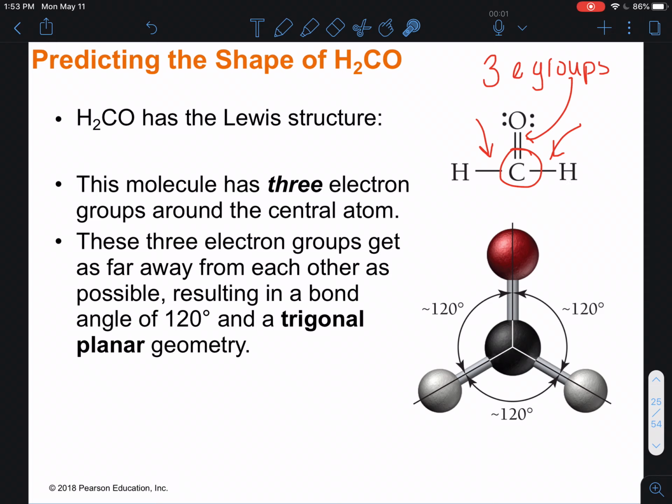So since there are 3 things around it, this is my circle, 360 degrees. We divide it by 3, we're going to get 120.